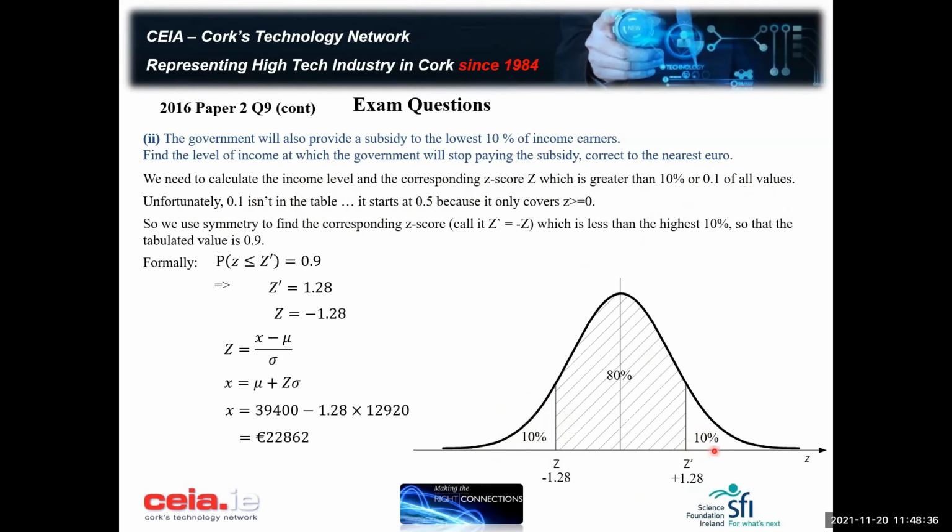You could instead look, using symmetry, for a Z, I'm calling it Z prime, such that 10% of values are above it, which means that 90% would be below it, because the area under this curve from minus infinity up to Z prime is 90%. So you're looking for a value of Z prime such that the probability that Z is less than or equal to Z prime is 0.9.